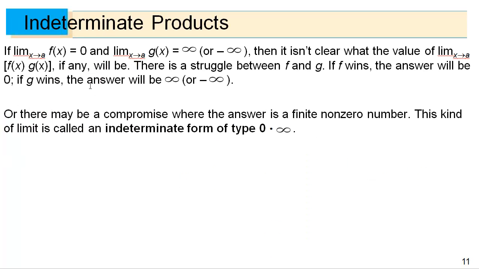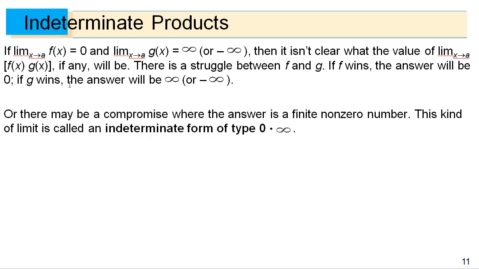How about indeterminate products? In all of these first slides, we were talking about an indeterminate quotient, 0 over 0, infinity over infinity. What about a product? What about f times g instead of f divided by g?